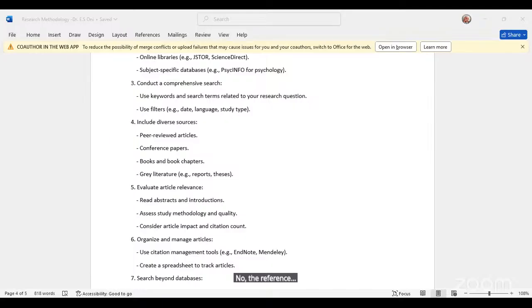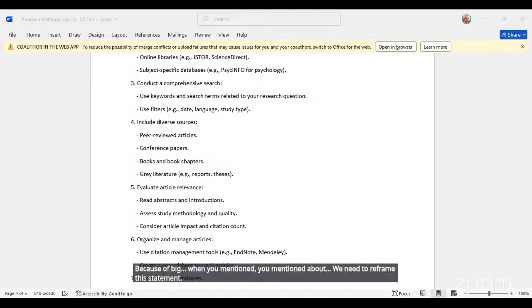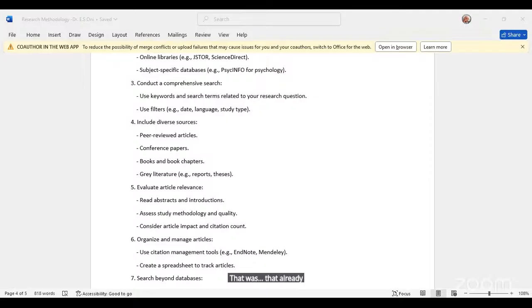The sentence quoted, that those people mentioned in the journal, which was put in the literature review: because of plagiarism, are we to reframe that sentence, since we have already quoted it and put their reference there? Are we to reframe the statement? Yes, the statement.